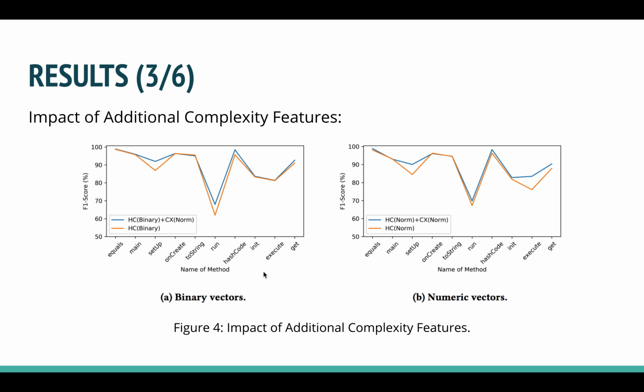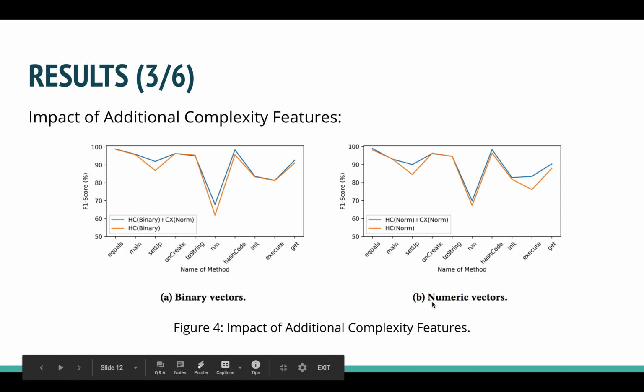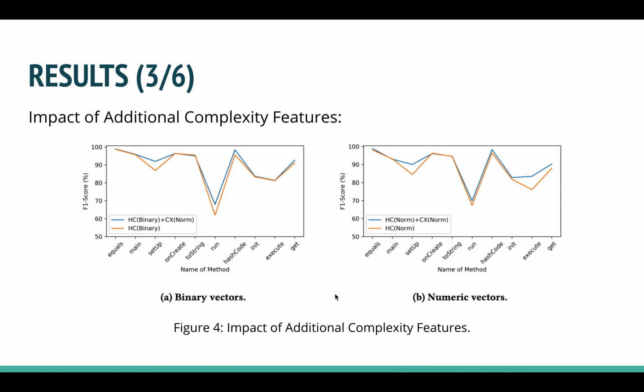Secondly, we compare the method-only features and method plus complexity features on binary vectors and numeric vectors to check the importance of complexity features on the quality of handcrafted features.